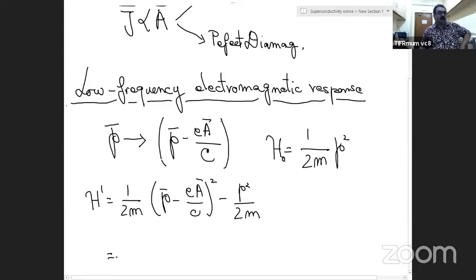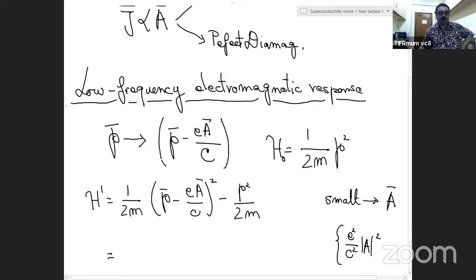So I will calculate the linear response. The linear response means I will assume that A is small. So it is a small magnetic field, and therefore I will ignore all terms which are like e square by c square, A mod square, this kind of term.